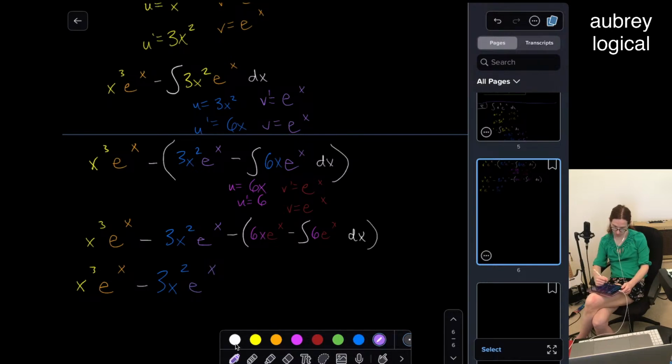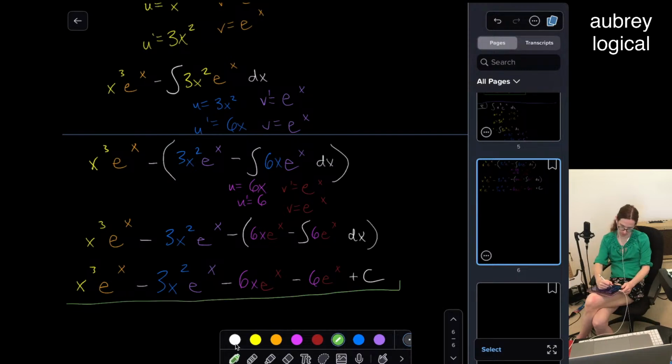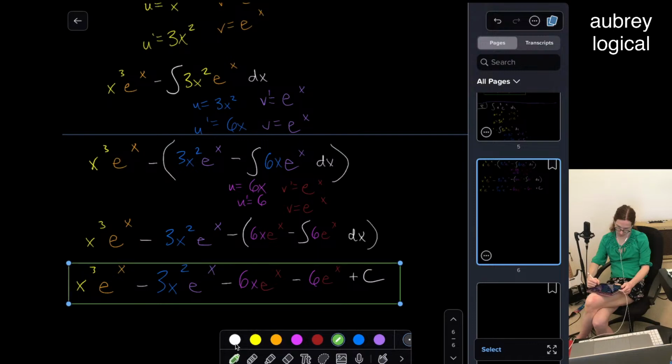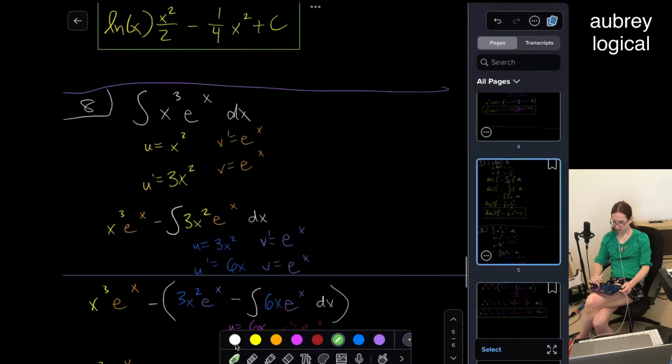Watch, I'm probably wrong. Alright, the antiderivative of 6 e to the x is going to be 6 e to the x. So, beautiful people, that is our answer.